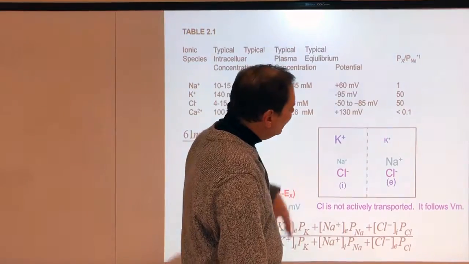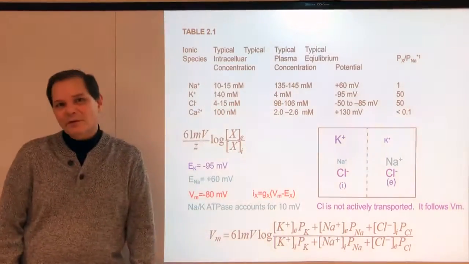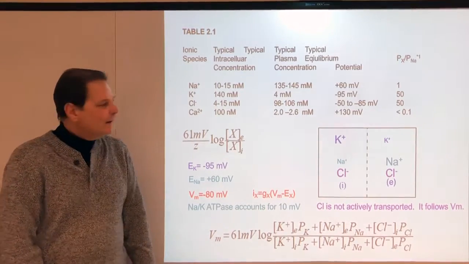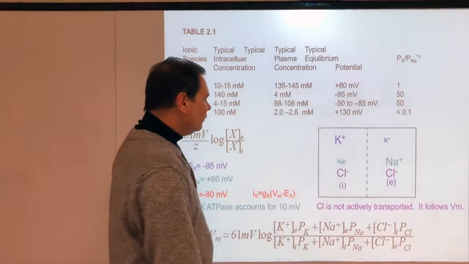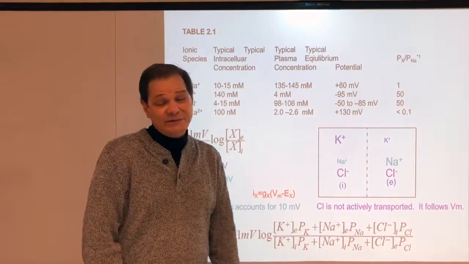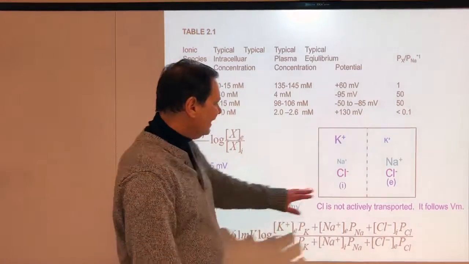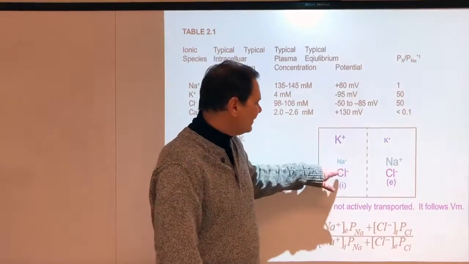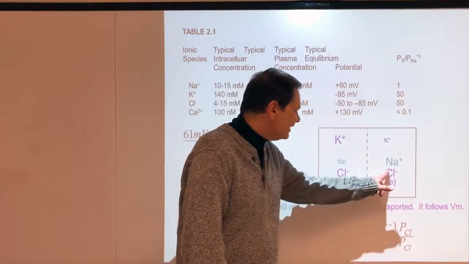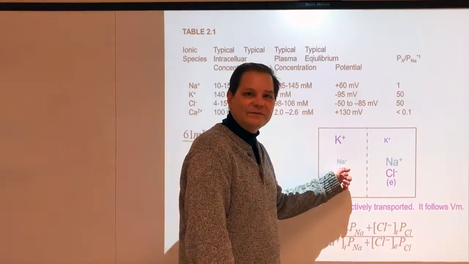There's no pump for chloride. Chloride's not actively transported in most membranes. So what does chloride do? Instead of generating voltage, it moves in response to voltage. If my membrane voltage is minus 80, I'm going to shove chloride out of the cell, because negative charge repels negative charge.